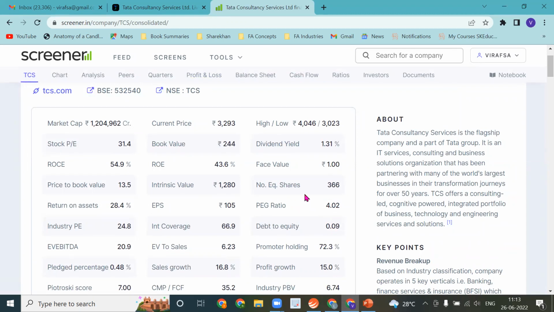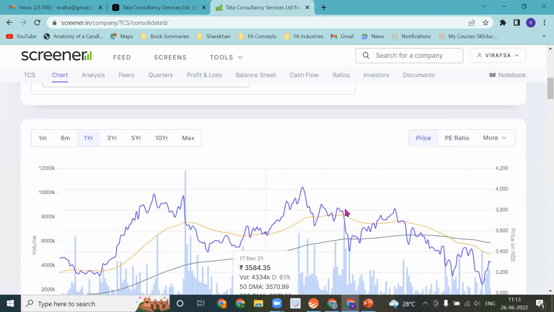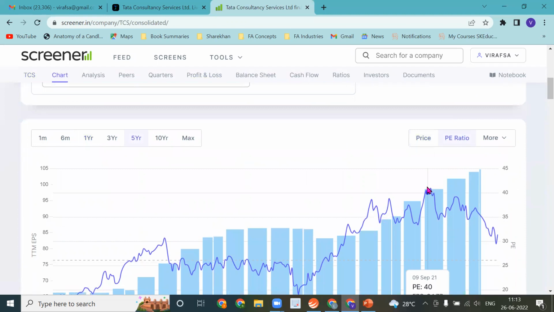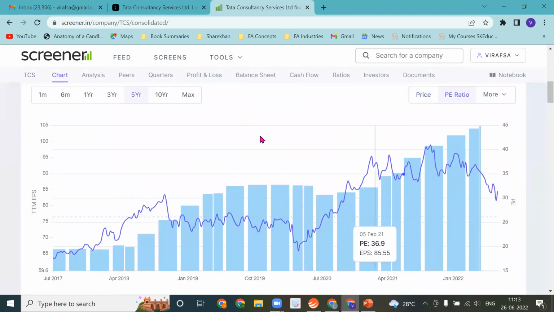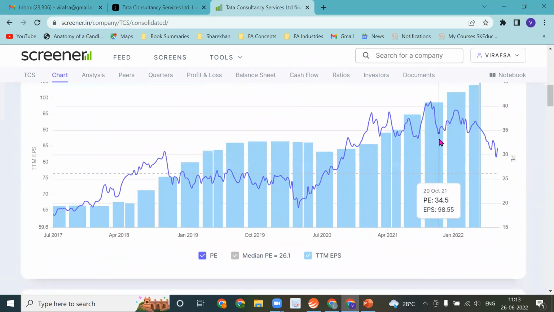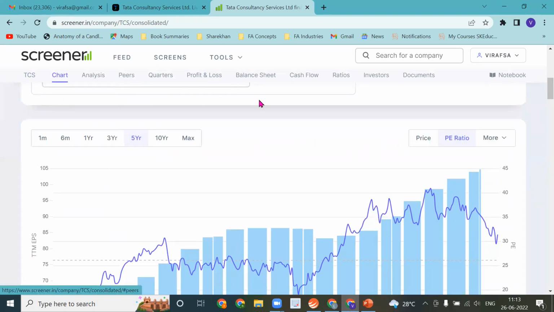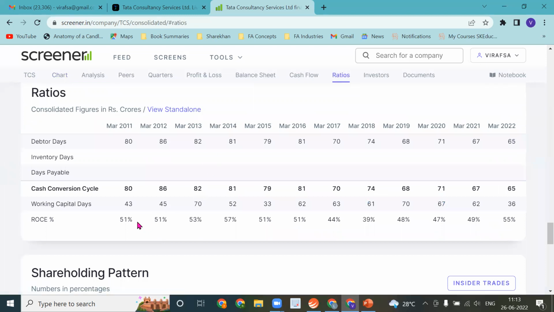This is high. PE is also slightly high, but it has come down from a very big value earlier. It was as high as 40. It has come down to currently the 31 level. The median line is somewhere at 26.1. ROCE, such companies are very strong companies.